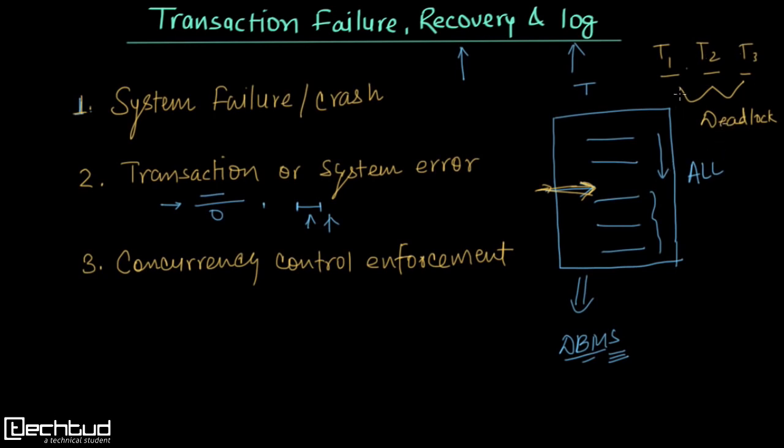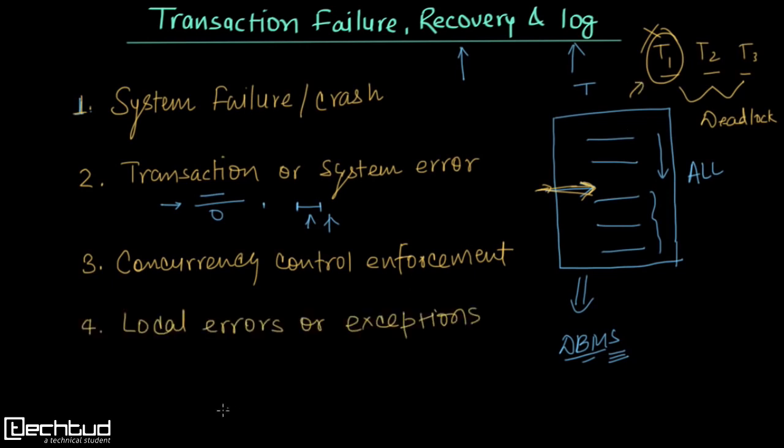Okay, now if there is a deadlock, one of the transactions has to be aborted. So the system forcefully aborts the transaction. Okay, this of course causes the transaction failure for the aborted transaction. Let's say I abort this transaction to break the deadlock. Okay, then this transaction has failed, right?